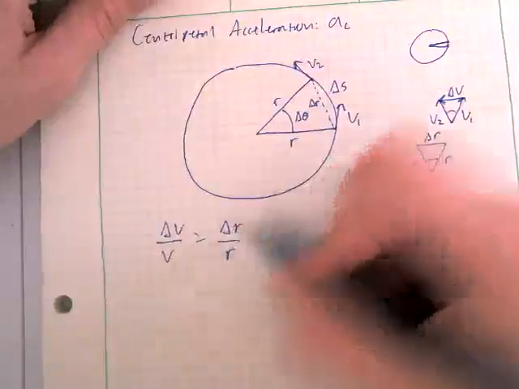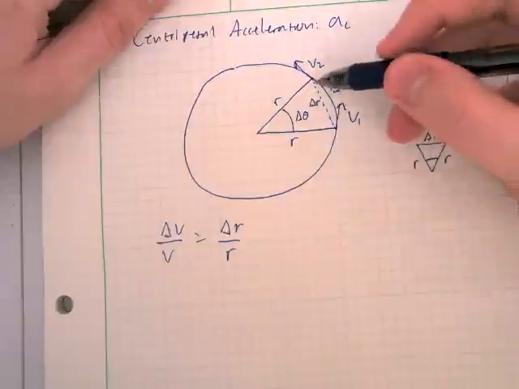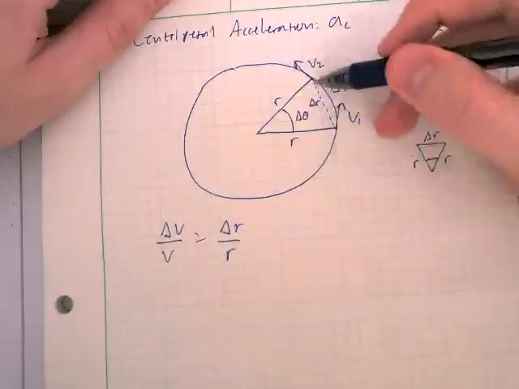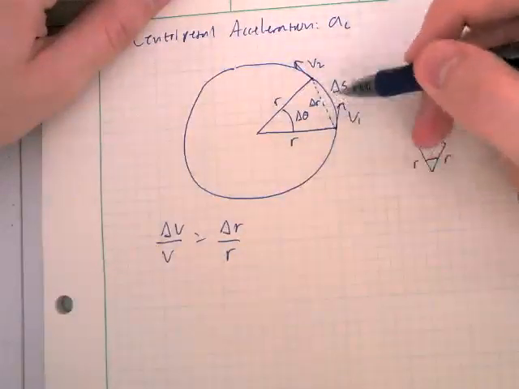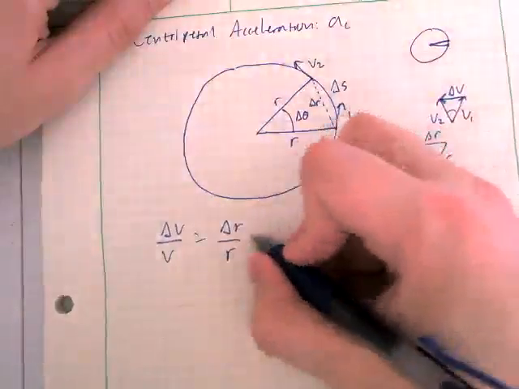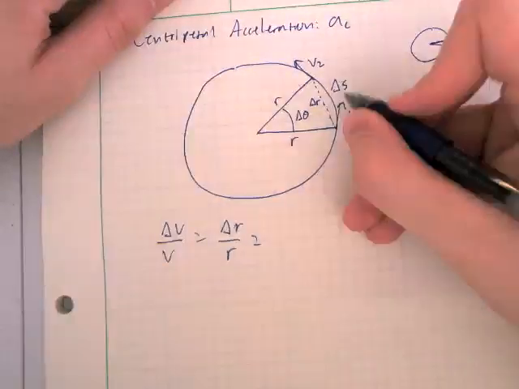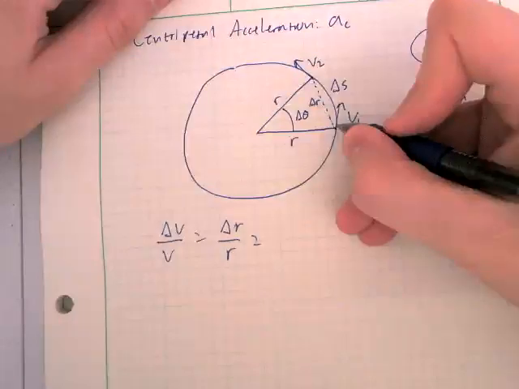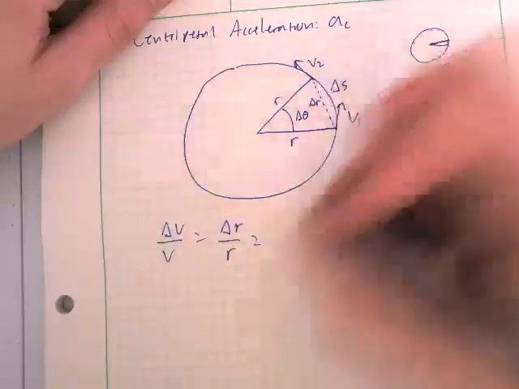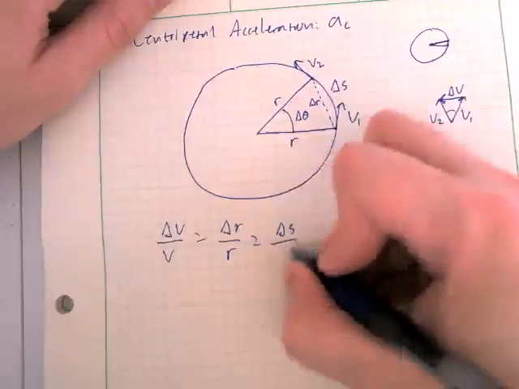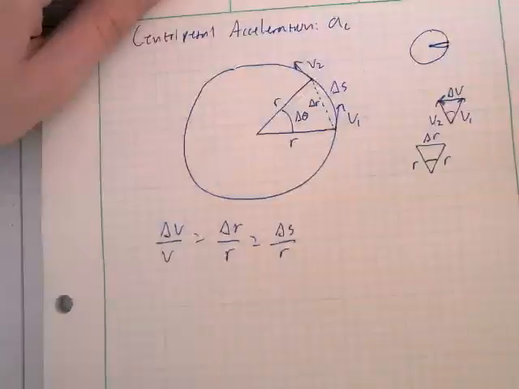What can we then say about delta r? In that approximation, if we make this angle very small, right? We make this delta r very small. What we can see is that delta r actually, in this very small approximation, if we just travel one instant forward in time, right? Delta r is equal to delta s, right?